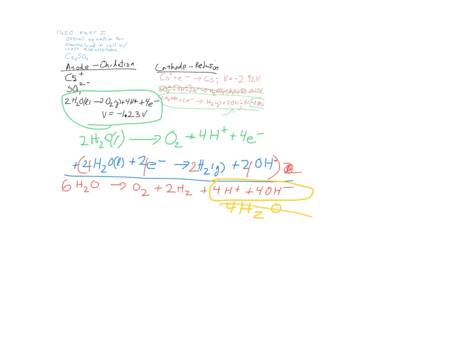So we can combine those to form 4 molecules of water, and of those 6 water molecules, we can reduce it to 2, giving us a final grand answer for our overall equation of 2 water yielding 2 hydrogen gases plus oxygen.